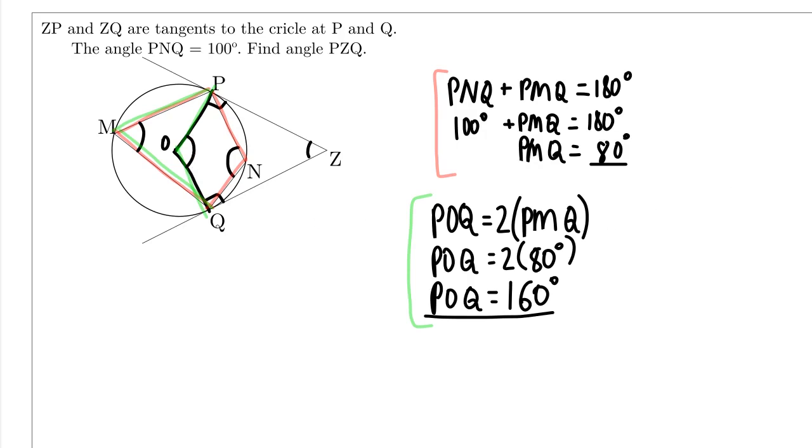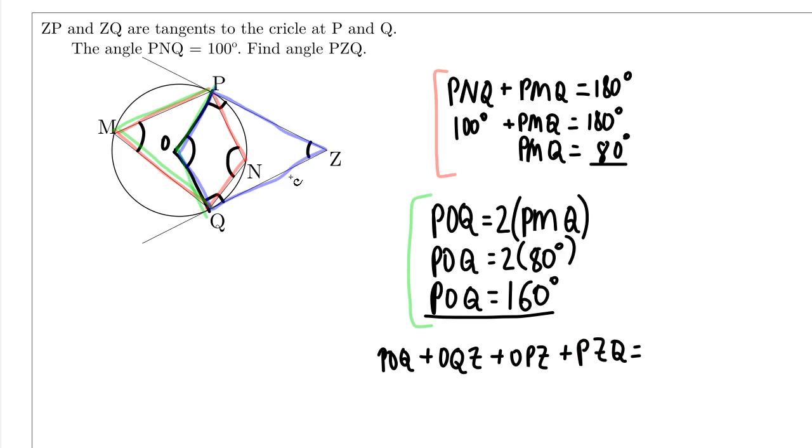The third thing we're going to do is consider this blue quadrilateral here, POQZ. It's a quadrilateral, so the angles add up to 360, and the angles are POQ plus the angle OQZ plus the angle OPZ plus the angle PZQ.